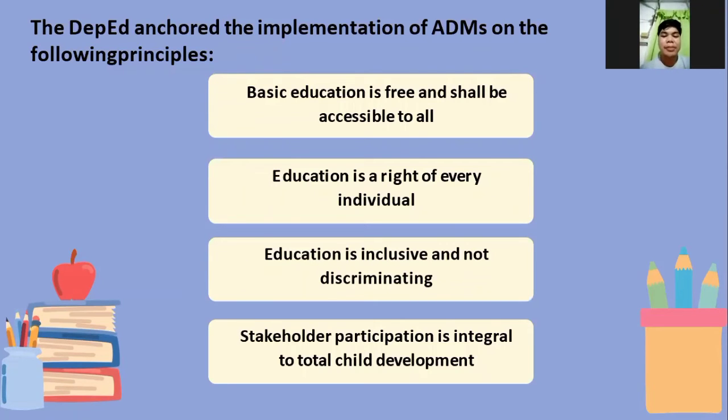First, basic education is free and shall be accessible to all. Second, education is a right of every individual. Third, education is inclusive and not discriminating. And lastly, stakeholders' participation is integral to the child development.